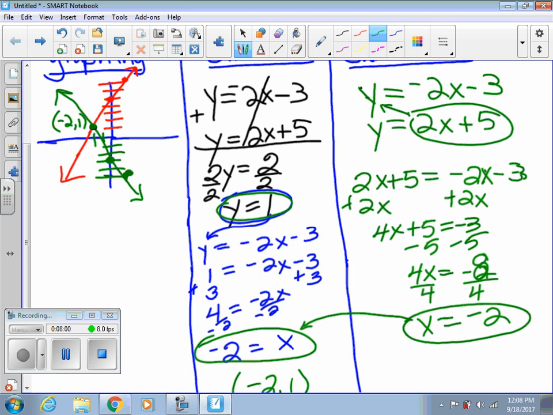Once again, I can plug negative 2 into one of the equations like I did in the elimination, and I'll come up with 1. Okay? So we are going to go ahead and try some so you can get some practice.